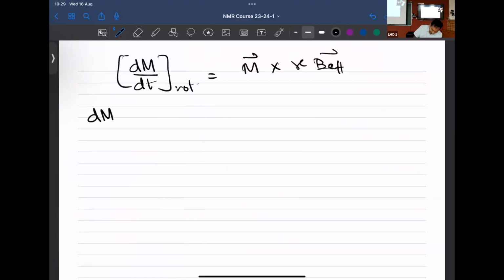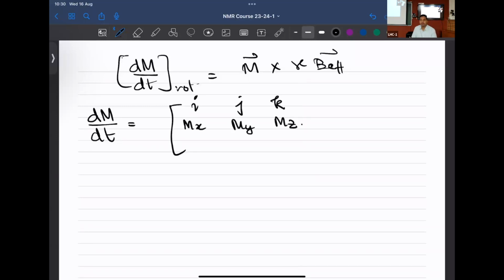So I'm going to write dM over dt is equal to, how does a cross product go? i, j, k; Mx, My, Mz; then you have Bx, By, Bz. This is a cross product, correct? And you might remember, we are already in the rotating frame.